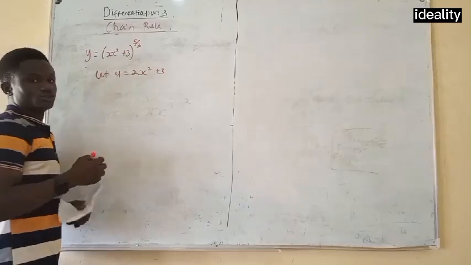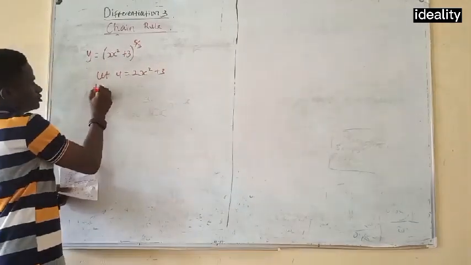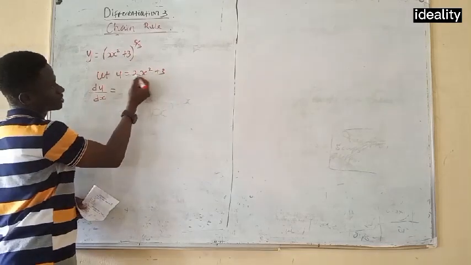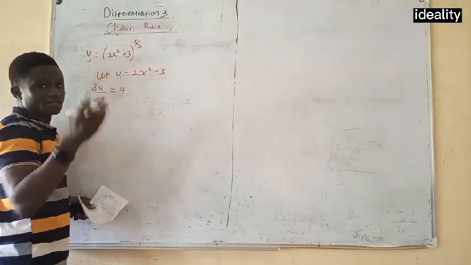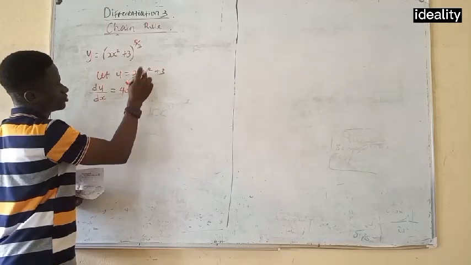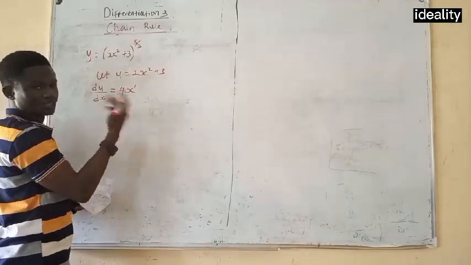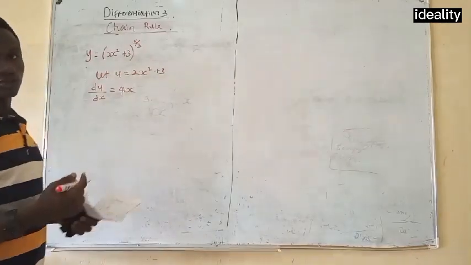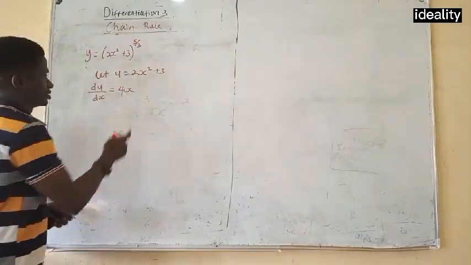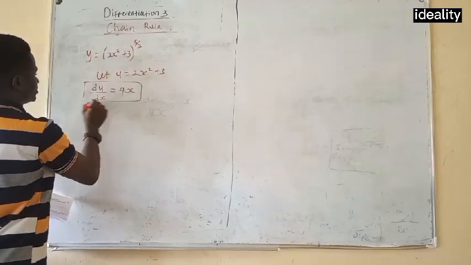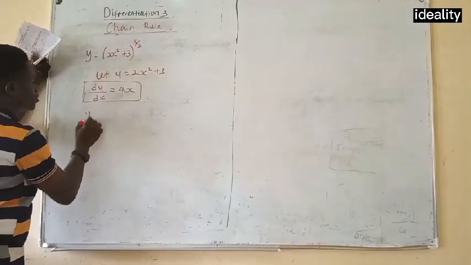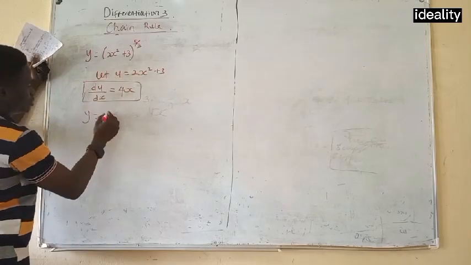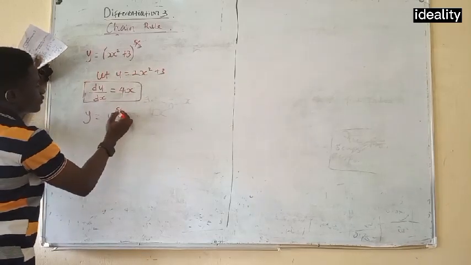Then I'll find du dx. Du over dx is equal to 2 times 2, 4, general method now, then x raised to the power 2 minus 1, which is 4x. Plus this 3, the differential of a constant is 0. So leave this like this. Replace this: you have y equal to u raised to the power 5 over 3.